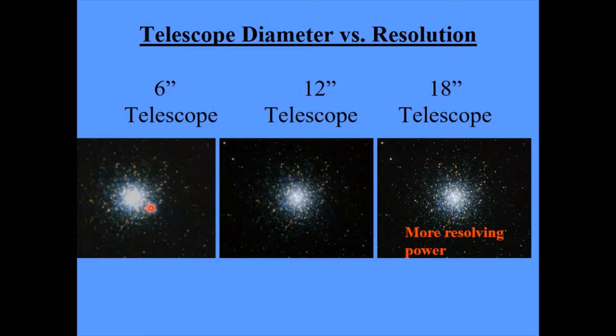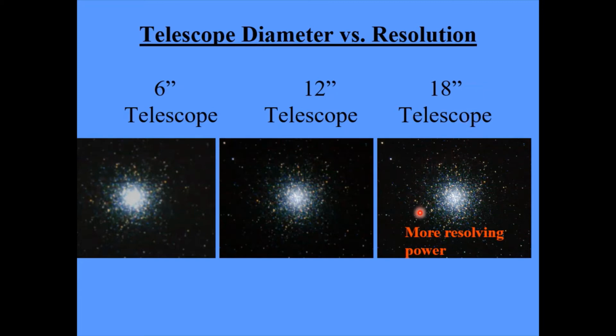And this doesn't mean that the image is out of focus. In fact, this is in focus. This is just the best image we can get from a small telescope because it doesn't have a lot of resolution or resolving power. Now, through a medium-sized telescope, notice the picture is markedly clearer. We have more resolution. But when we go to the full aperture, this is an 18-inch diameter mirror, which is in my telescope.